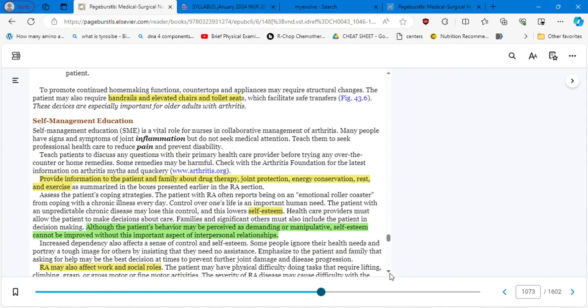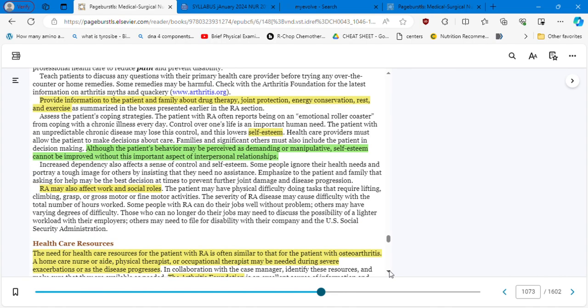Although the patient's behavior may be perceived as demanding or manipulative, as I mentioned, self-esteem cannot be improved without this important aspect of interpersonal relationship, meaning that the healthcare team, the physical therapists, the family, and the patient themselves need to find good empathy, good communication, and good techniques to improve and support patient self-esteem. RA may also affect work and social roles.